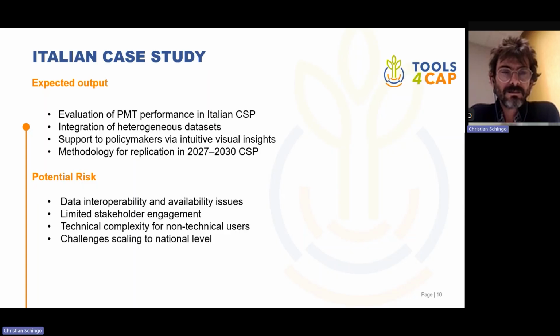Limited stakeholders engagement is another potential risk in utilizing this instrument. Another potential risk is the technical complexity of the use of the system for personnel that are not technical, and there could be a potential challenge in scaling it to a national level.